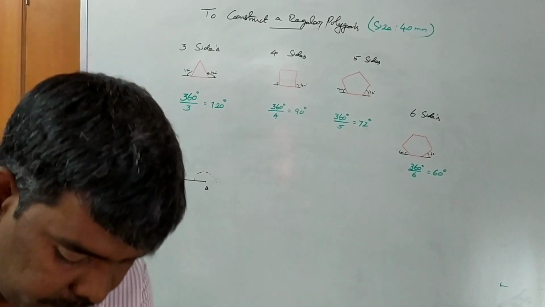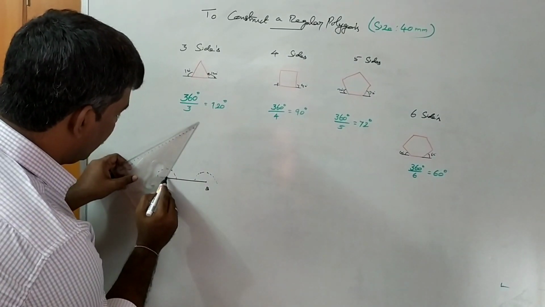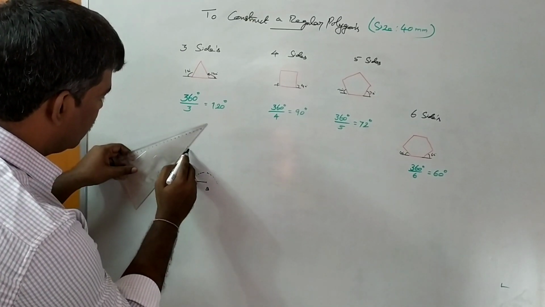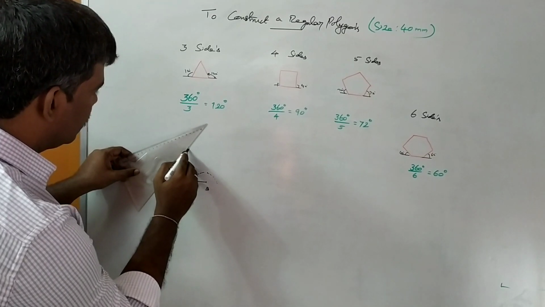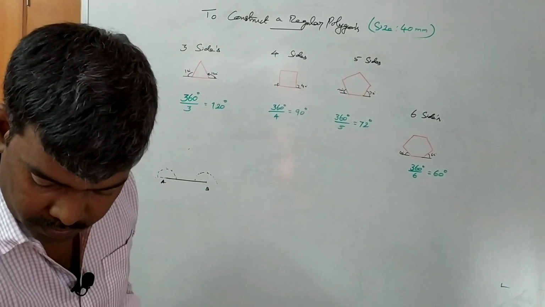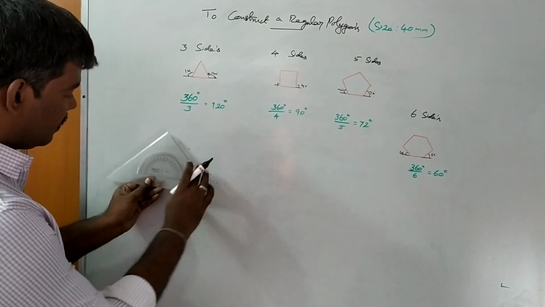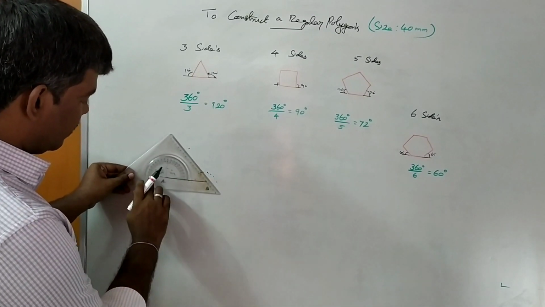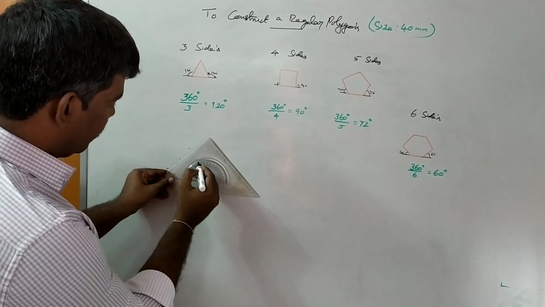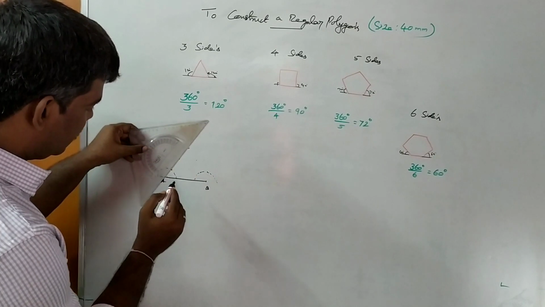Using that you draw the line, 120. Clear? So using the protractor you know where 120 degrees is. 120 means here, 120 means here, these 2 points. So you join it.